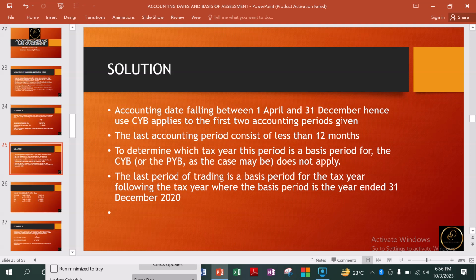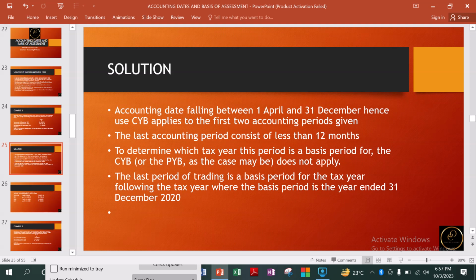The next point to note relating to this situation is that the last accounting period consists of less than 12 months. We have just mentioned the rule relating to an accounting period which is less than 12 months. We are going to see how that is applied in this particular example.